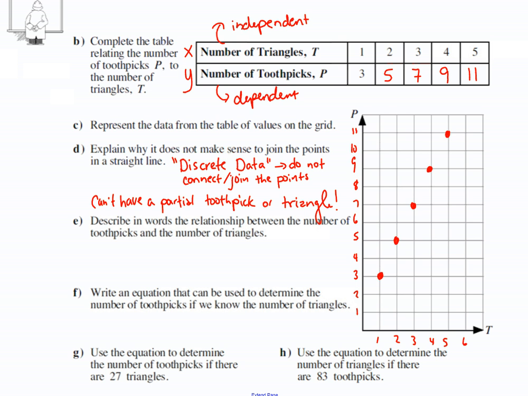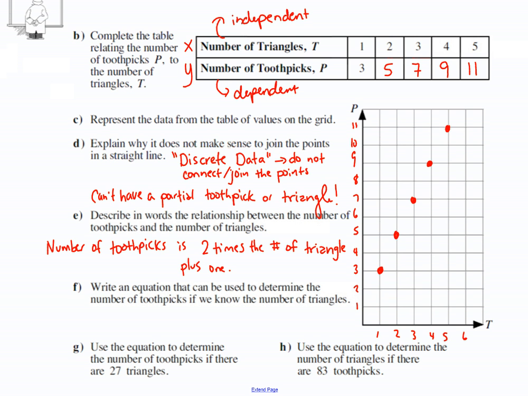So the number of toothpicks is 2 times the number of triangles plus 1. Or you could say 1 more than 2 times the number of triangles.